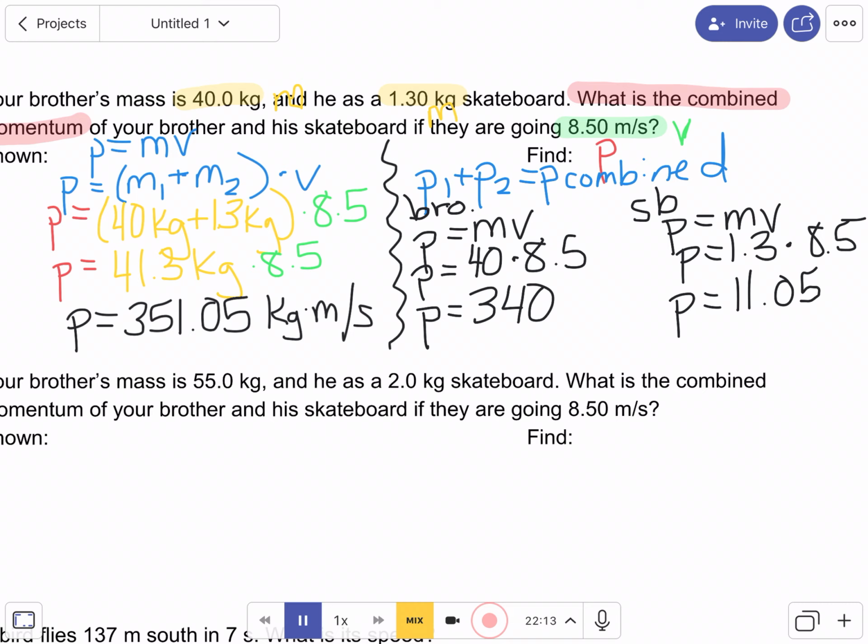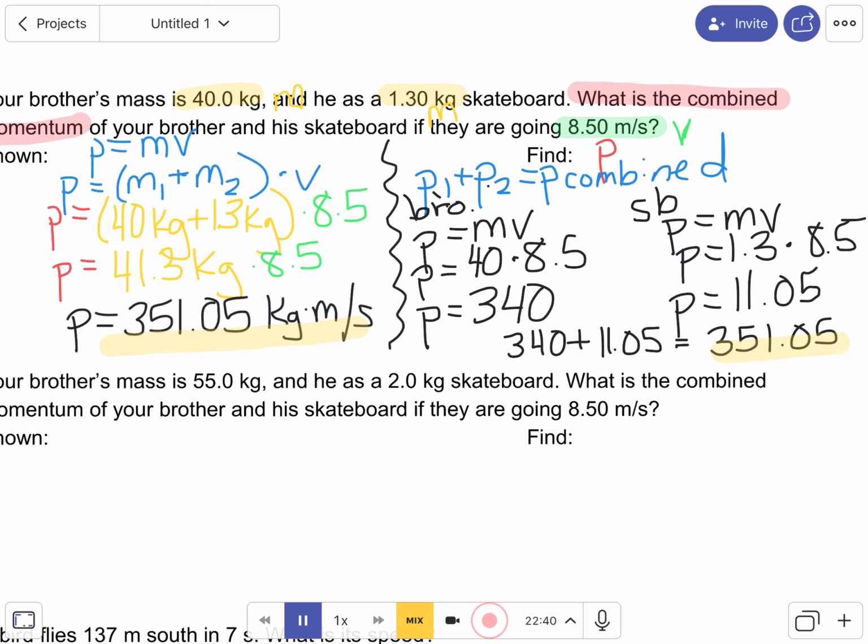So if it's P1 plus P2, we get 340 plus 11.05 equals 351.05. So we'll double check. We get the same number on both sides. So either one will work.